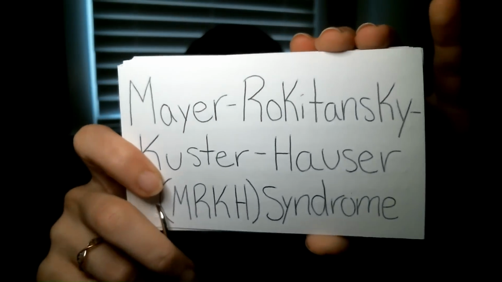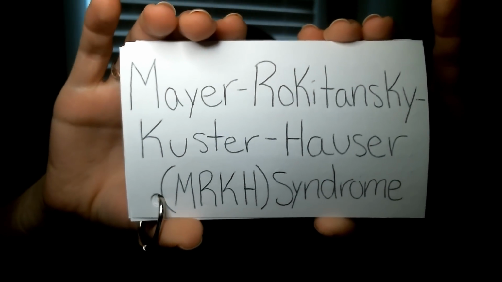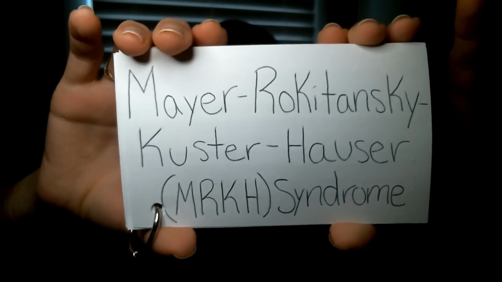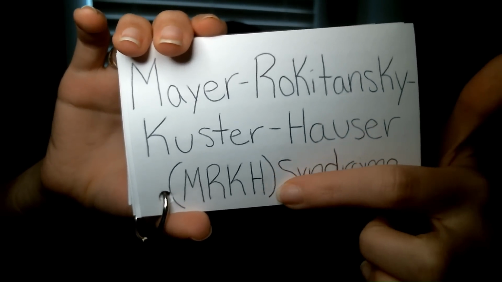Next, oh yeah, we do have disorders of sexual development. So we have this crazy long name, Mayer-Rokitansky-Kuster-Hauser syndrome, which I think people just know as MRKH syndrome. And this one, we actually don't really know if it's genetic.